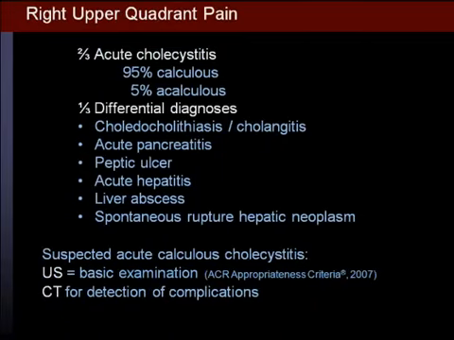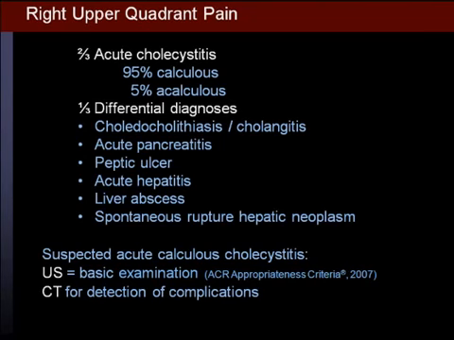From right lower and left lower quadrant pain, I'm moving to right upper quadrant pain. And the most common cause, by far the most common cause, is acute calculous cholecystitis. Acalculous cholecystitis is much less common and typically occurs in patients with total parenteral nutrition in the ICU.